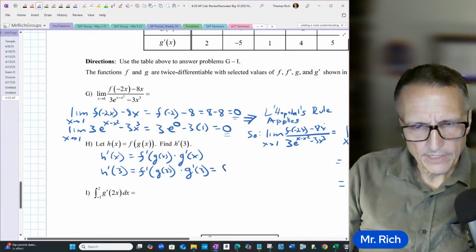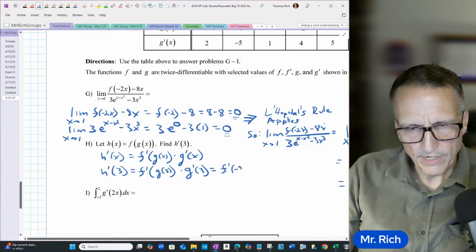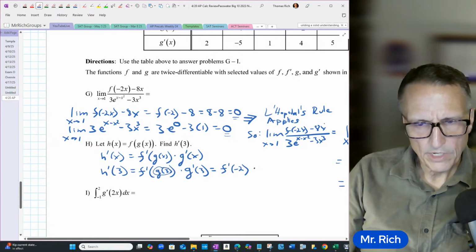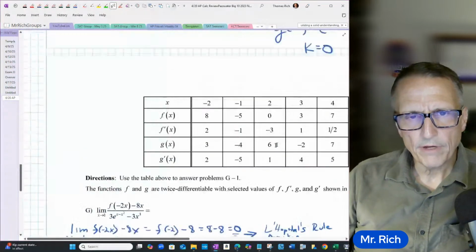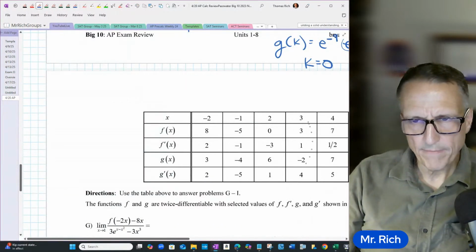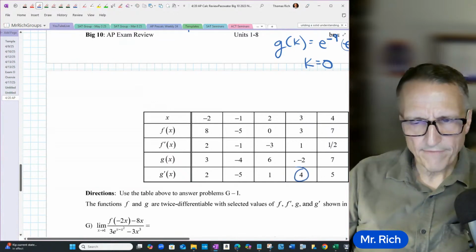So I'm going to write it like this, f prime of negative 2. My first step is to replace the g of 3 with f of negative 2. I will go ahead and get the g prime of 3, which is a 4 right here. G prime 3, I'm using that value of 4.